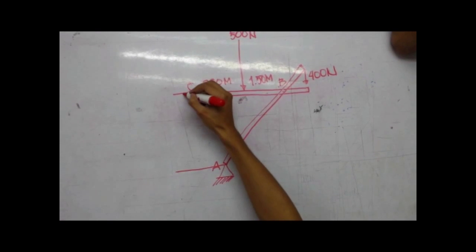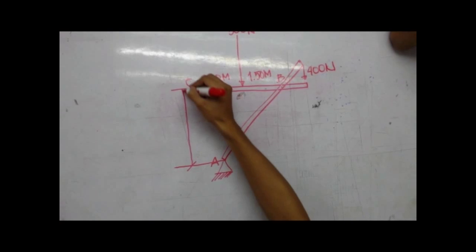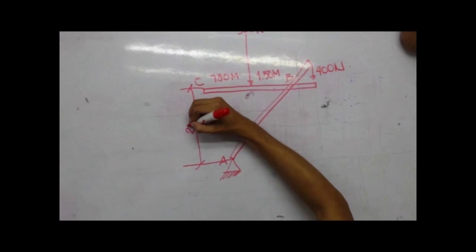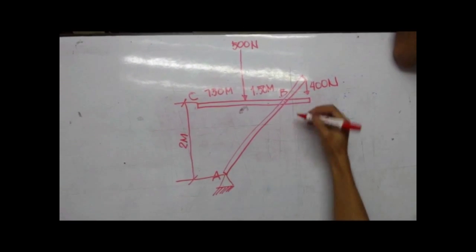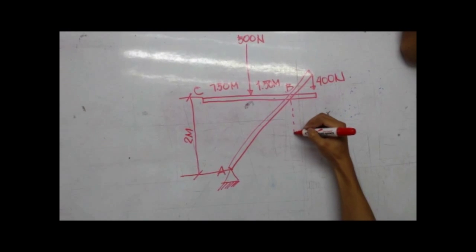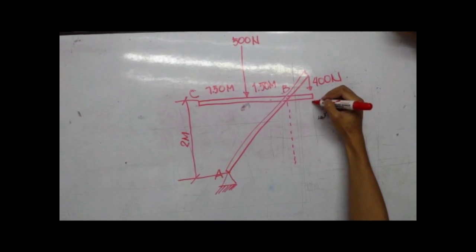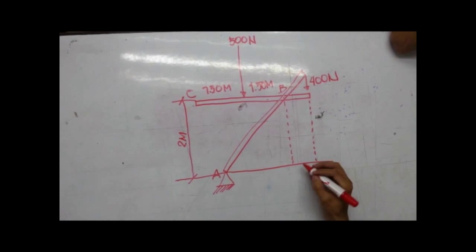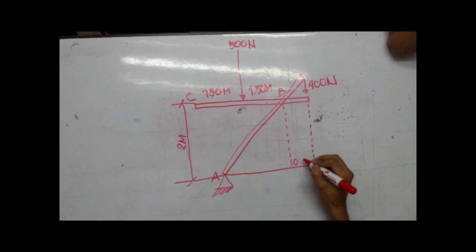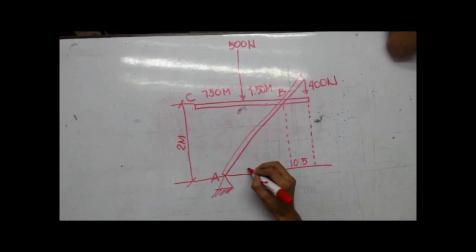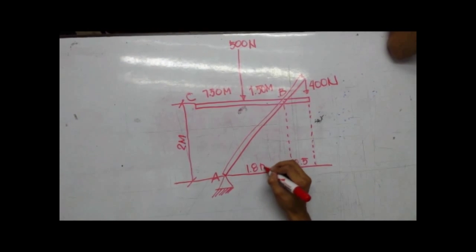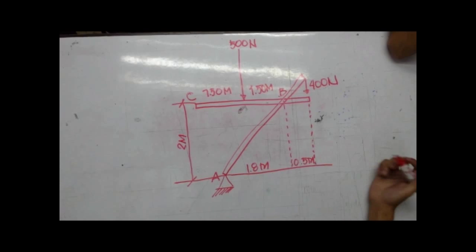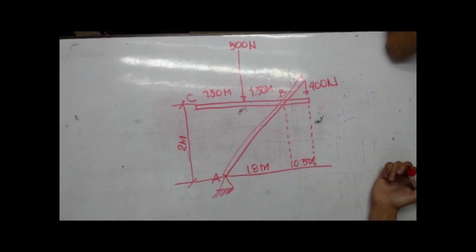At joint D, we assume that the force exerted by the roller is going to the left. Since there was no force exerted before, there's no more exerted.